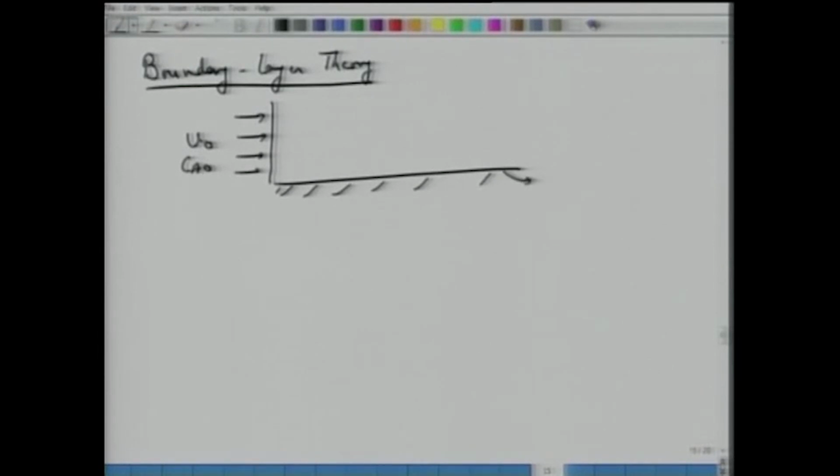If the surface concentration is CAi, you can think of certain solutes which dissolve in this fluid. Then a boundary layer develops like this, del M. Similar to the momentum boundary layer, there is a concentration boundary layer, del C.